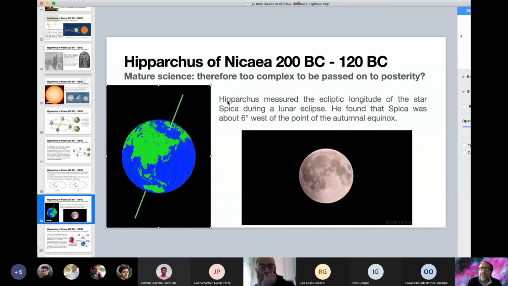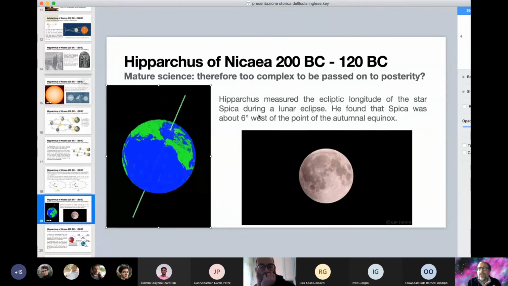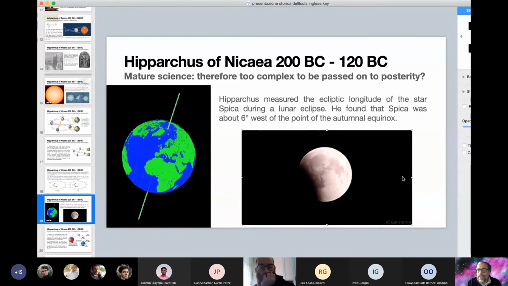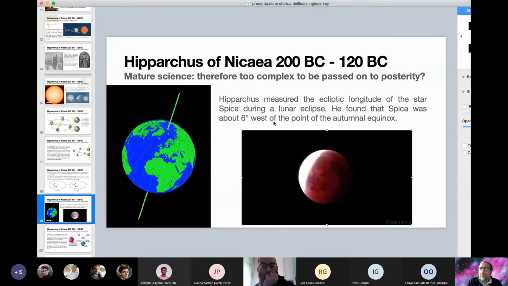What he did was measure the ecliptic longitude of the star Spica during a lunar eclipse. He found that Spica was about 6 degrees west of the point of the autumnal equinox. So during this eclipse, a star can be seen, and he measured Spica, and he measured its angular distance with respect to the point of the autumnal equinox.